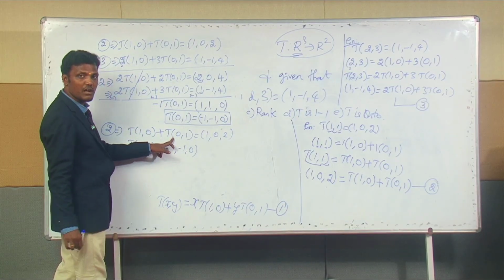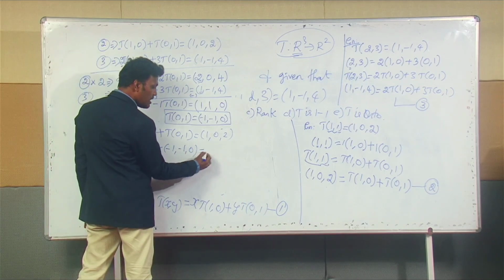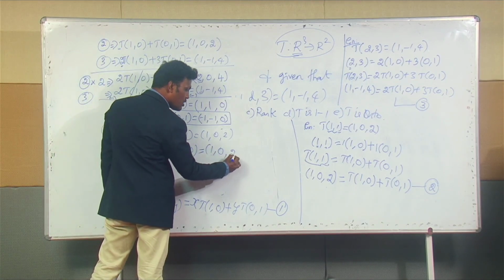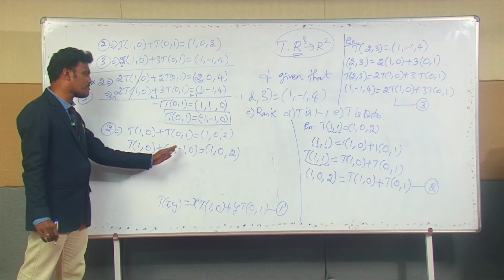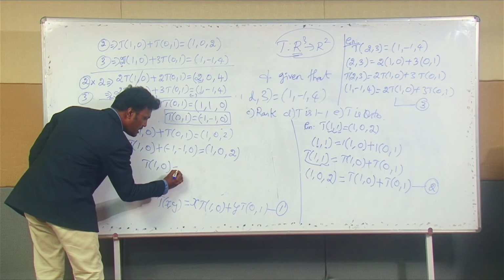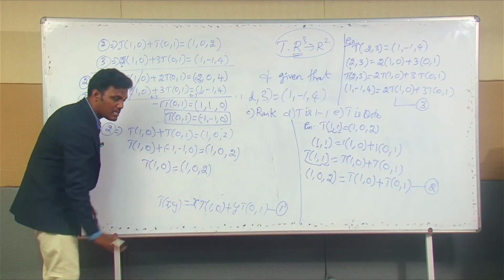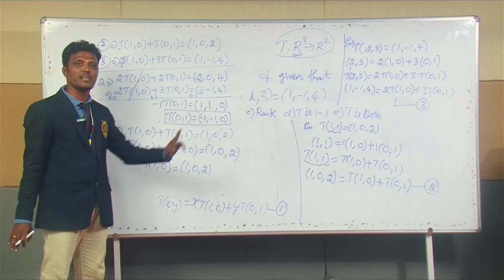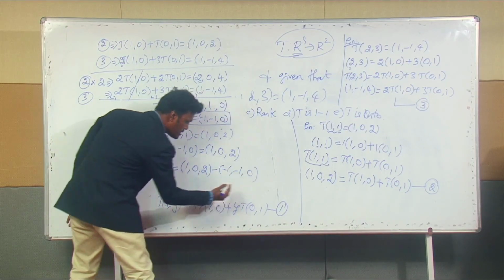So substitute T of (0, 1) as (-1, -1, 0): T of (1, 0) plus (-1, -1, 0) equals (1, 0, 2). We have to find T of (1, 0), so bring it to the other side. T of (1, 0) is nothing but (1, 0, 2) minus (-1, -1, 0).